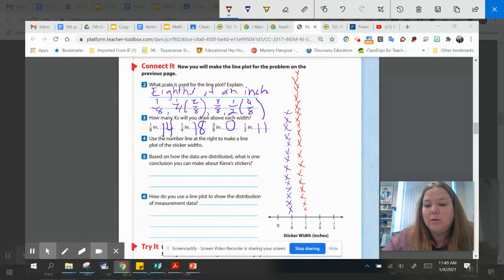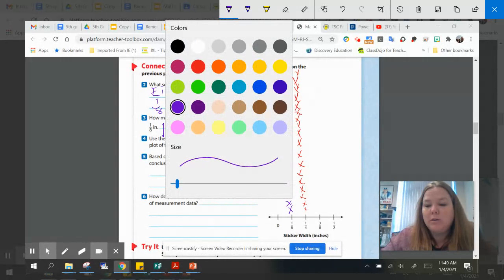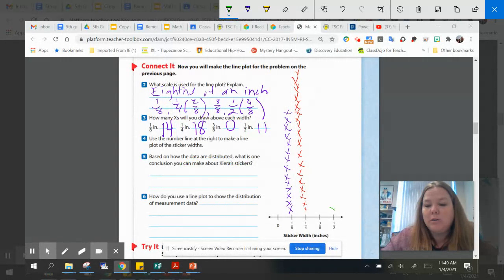Now your X's should be about the same size. Mine are not great, so my apologies. There is nothing at 3/8, and then there are 11 at 1/2. So 1, 2, 3, 4, 5, 6, 7, 8, 9, 10, 11.